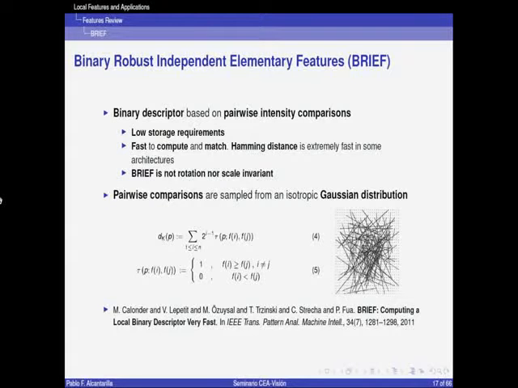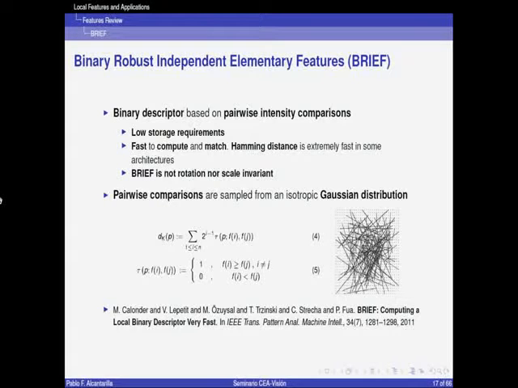Since it's a binary descriptor, we can use the Hamming distance, which measures the number of bits that are different in two binary strings. This distance is extremely fast to compute in some architectures where we have special machine instructions to count the number of bits set to 1 in a special register. However, the main problem is that BRIEF is neither rotation nor scale invariant.